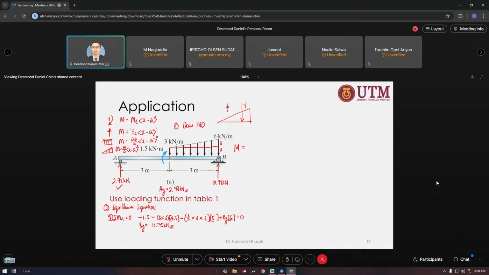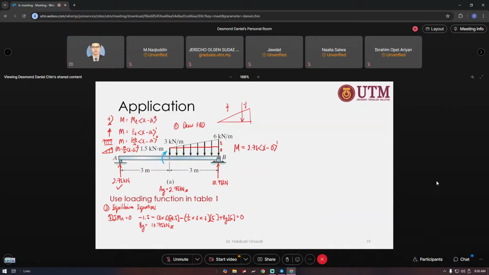So Fe is representing the load itself. So therefore 2.75 bracket x minus, as I mentioned to you, A is the location where the load is. So according to this free body diagram, where is the position of your 2.75 kilonewton? 0, exactly. So power to 1.